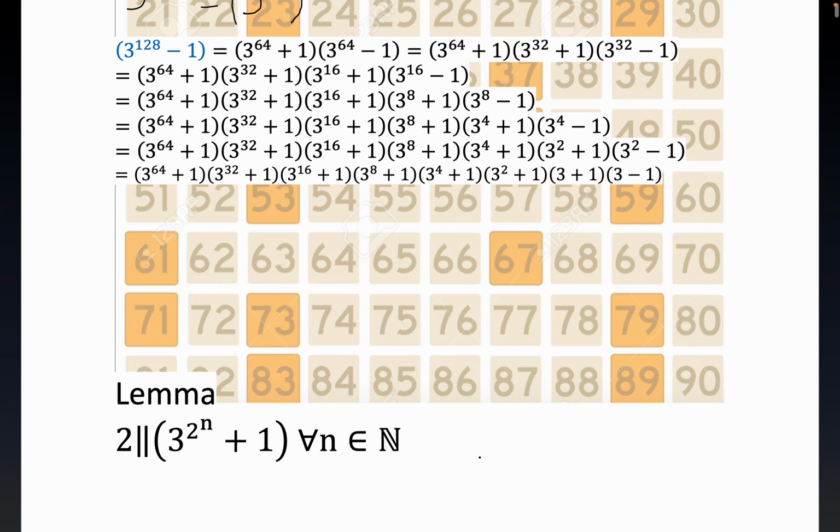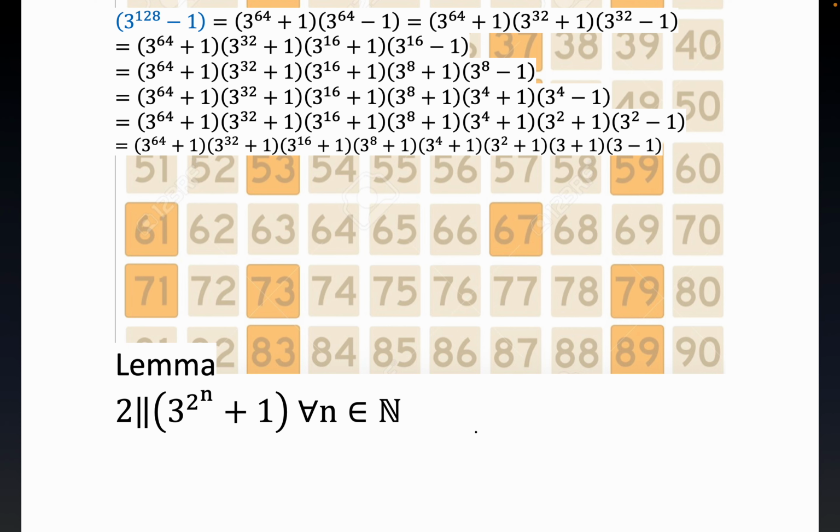But also know that it's very easy to show, and I'll just write down and you can verify it, that 3 raised to the 2 to the n, plus 1, is not congruent to 0 mod 4.